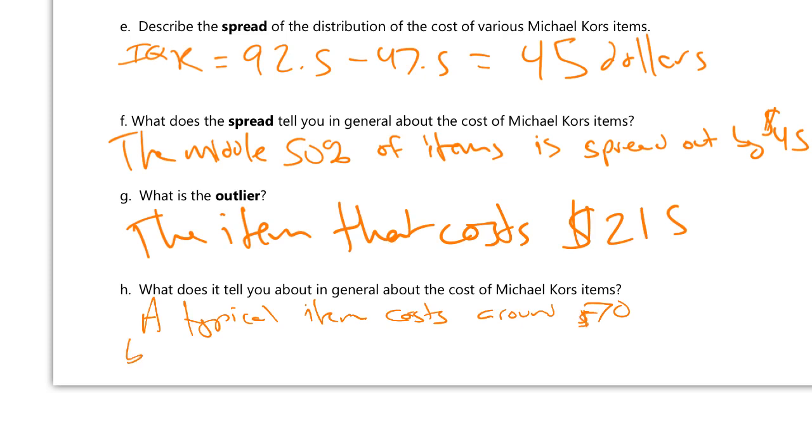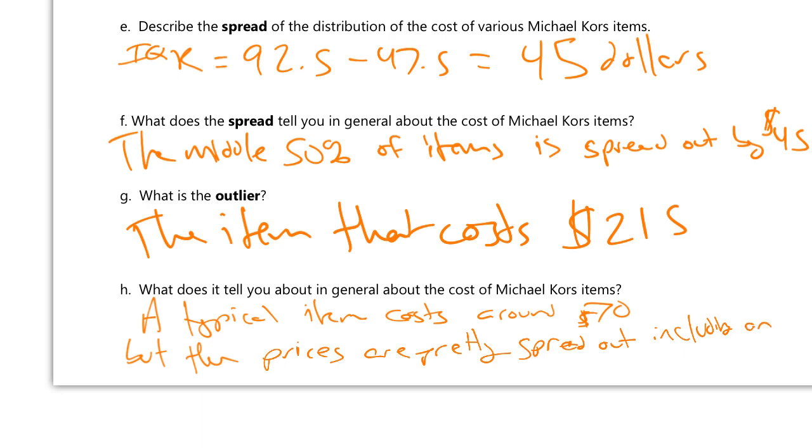But the items are pretty spread out. That IQR is $45, so that's a pretty big range for the middle 50%. So the prices are pretty spread out, including an outlier of $215.